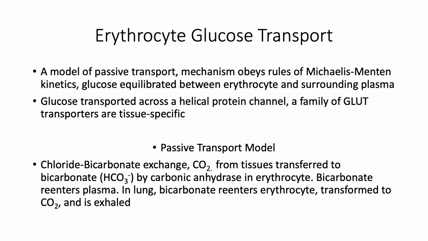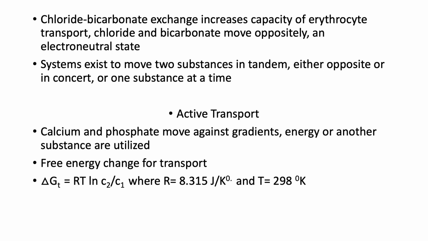In the passive transport model, one example is a chloride-bicarbonate exchange involving carbon dioxide from tissues transferred to bicarbonate by carbonic anhydrase in the erythrocyte. The bicarbonate re-enters plasma, and in the lung, the bicarbonate re-enters the erythrocyte and is transformed to carbon dioxide and exhaled.